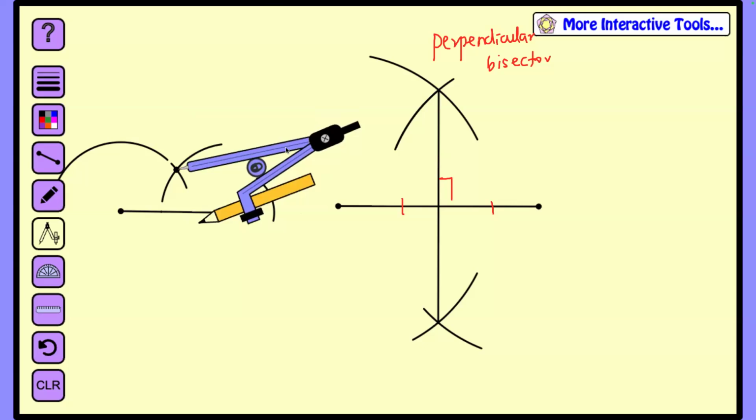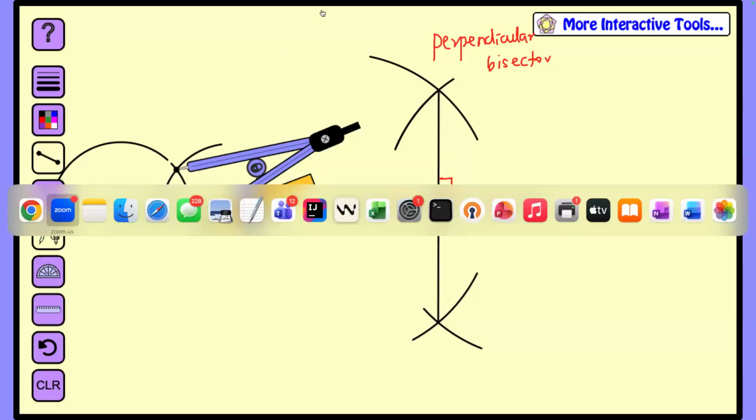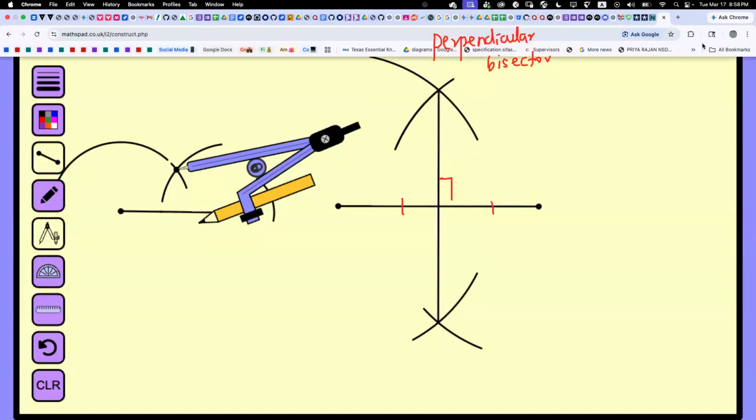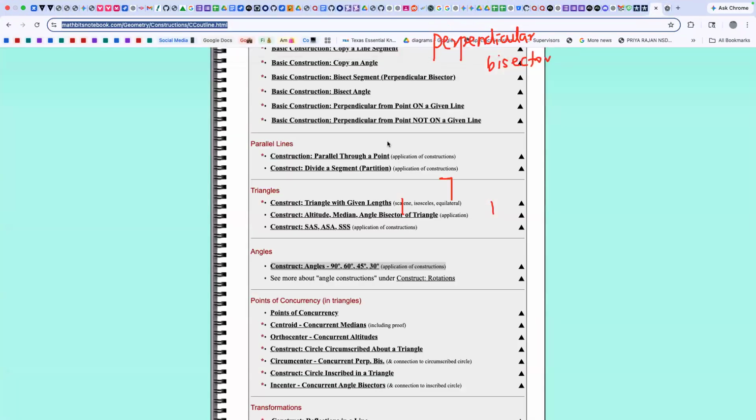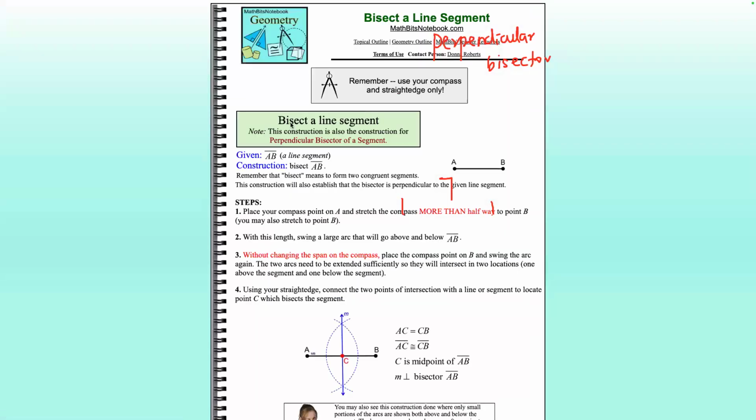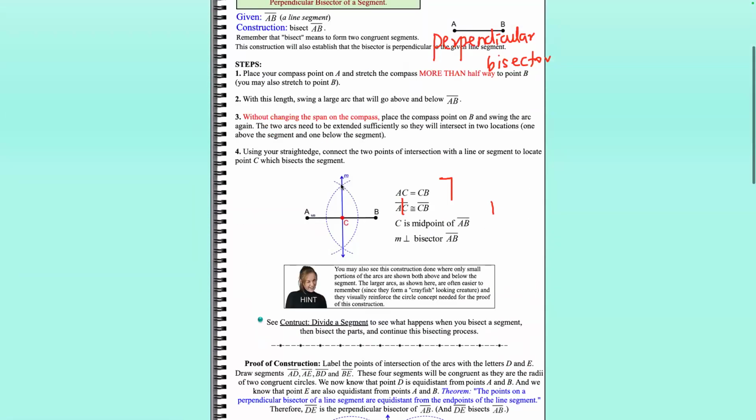hold on guys. So how do we bisect it? Hold on. I honestly forgot this segment bisector. 1 second guys, I forgot the steps. Hold on. Perpendicular bisector I showed you, but I'm just finding the bisect a line segment.